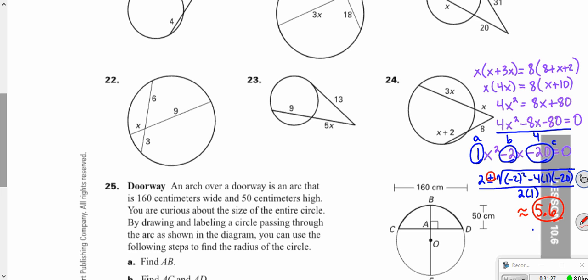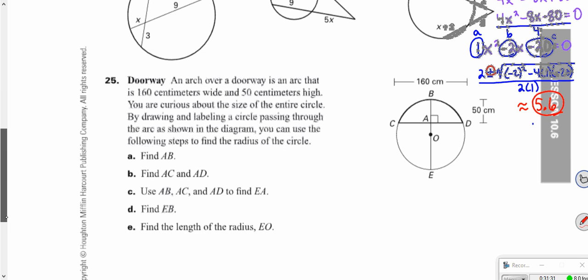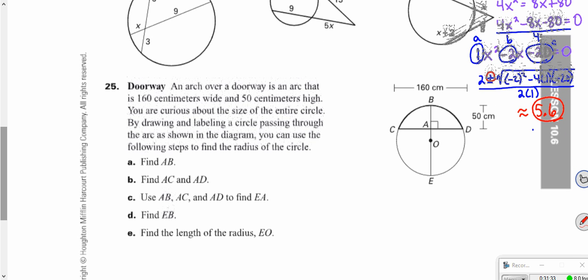Now the last one, I'm just going to kind of steer you in the right direction here. This last little bit would be back to theorem 11, the segments of chords theorem. But one thing I want to point out is if we have a diameter that goes through another chord, we know it's a diameter because it goes through the center.